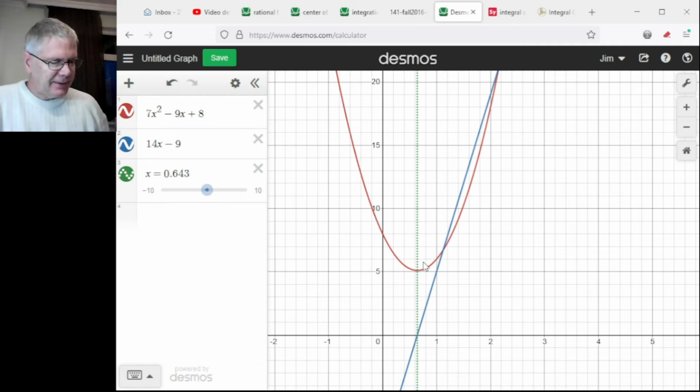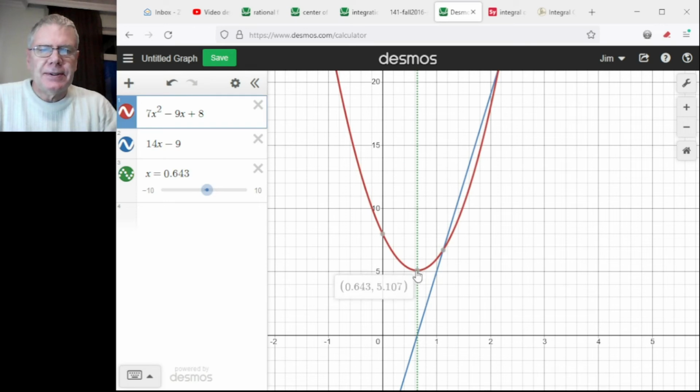What you found, if you leave out the h in the end, is 14x minus 9. So this blue line is giving you the slope at any point of the red line. So at this point right here, it's flat. For a very, very tiny point here anyway, it's flat. The slope is 0. No change in y over small change in x.